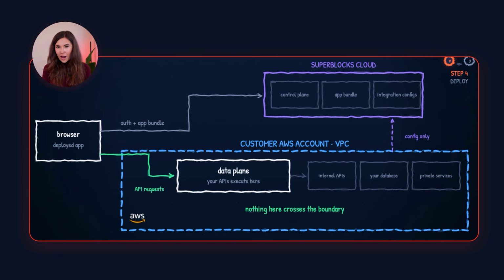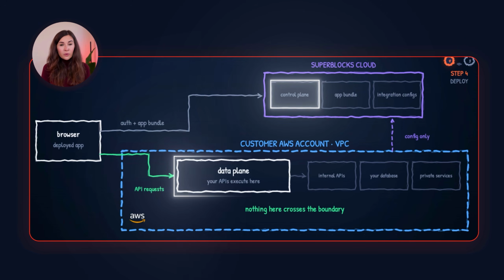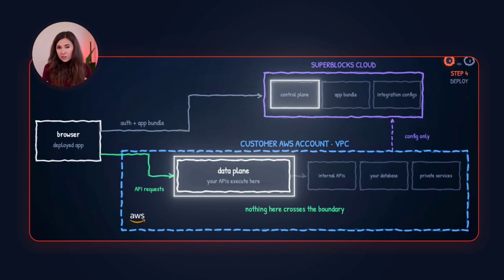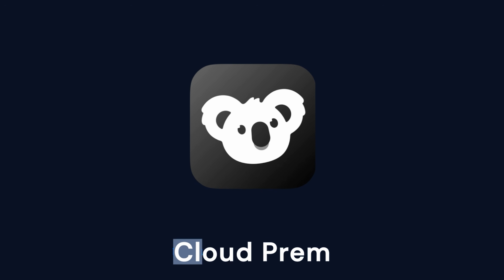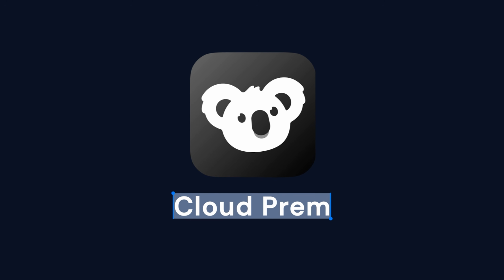Superblocks supports a hybrid deployment architecture that separates the control plane from the data plane. The control plane manages the application definition and configuration, while the data plane can run inside your company's own AWS account and VPC. Superblocks calls this Cloud-Prem. And it's not only the runtime.